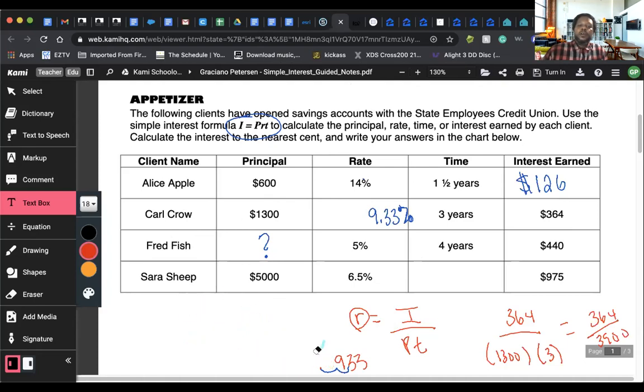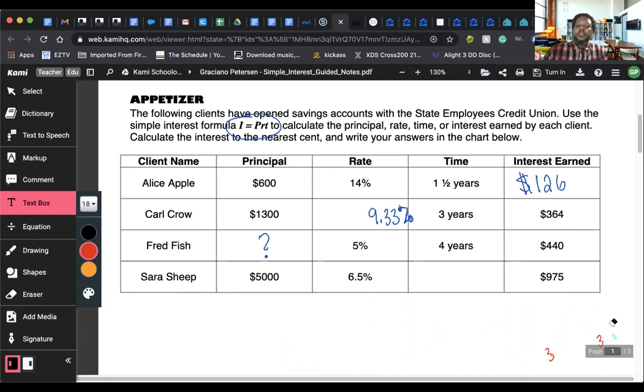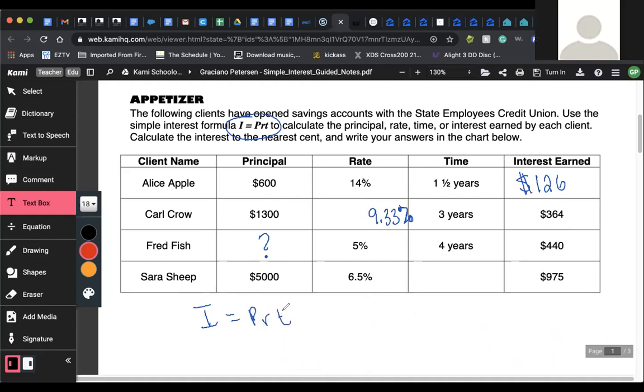I'm going to let you all tell me how to fix the equation for Fred. All right, so of course the equation is I is equal to PRT, but I want to find the P. So what do I need to do? What should my equation look like? It's going to be P is equal to what? RT or I over RT.